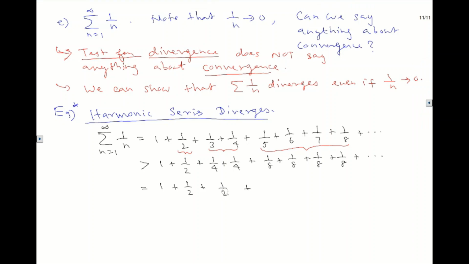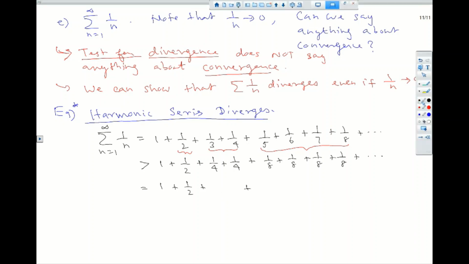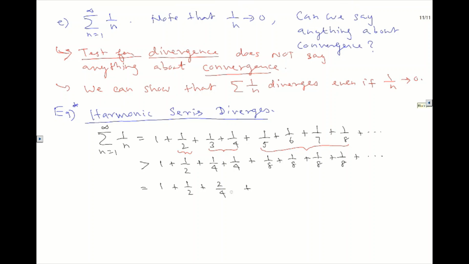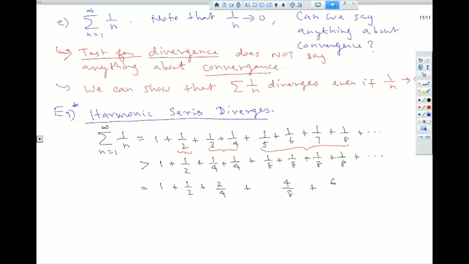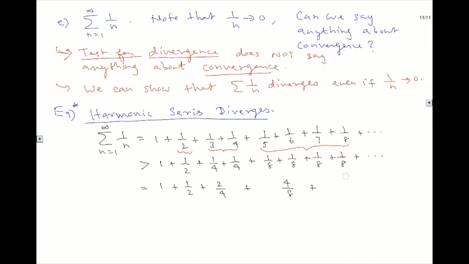So what's going to happen here is you're going to get 2/4, then 4/8, and if you continue this, you're going to get 8/16. But you can see, what are these? This is simply 1, 1/2, 1/2, and then again another 1/2, and again another 1/2. So we are simply adding terms 1/2, 1/2, 1/2, 1/2.